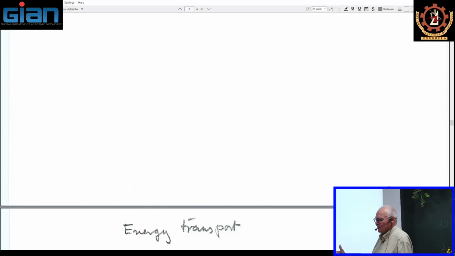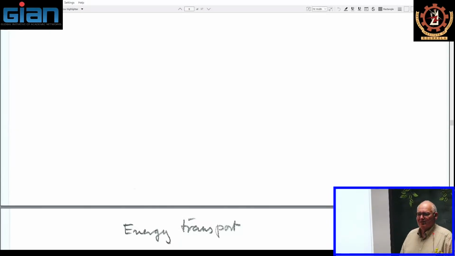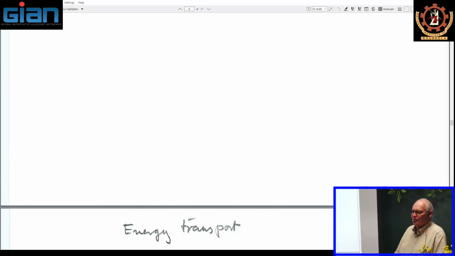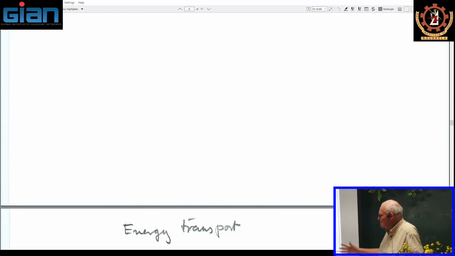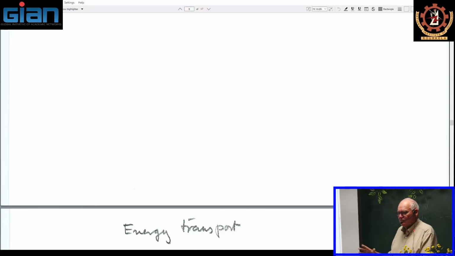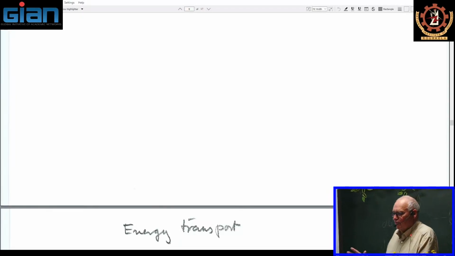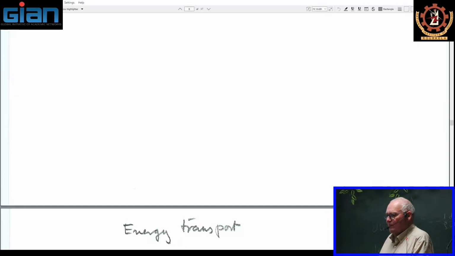Or you can have also this situation on Earth. You have different temperatures in different places of your environment. Then of course there will be a heat flux from high temperatures to low temperatures, and the same happens in a star. So we have to consider the transport of energy, or the heat flux which goes from higher temperatures to lower temperatures, how this heat flux depends on temperature gradients and so on.